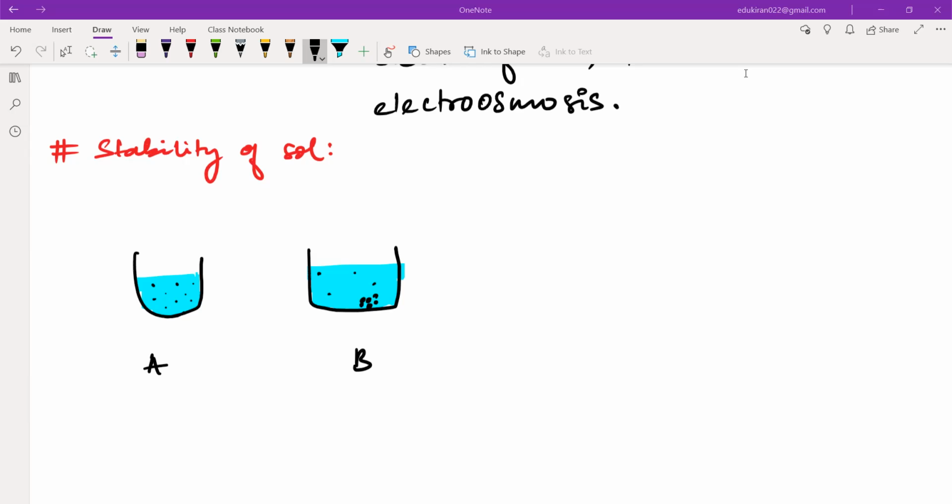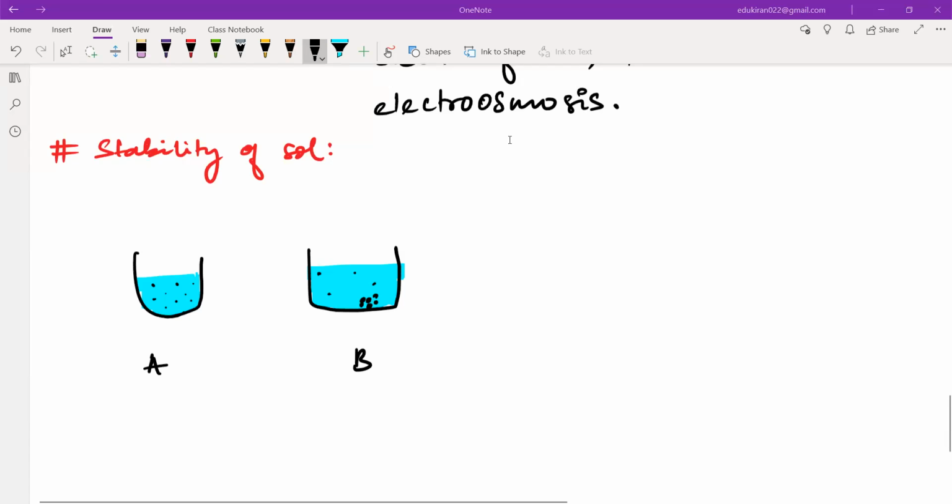Okay, when I talk about stability of a sol, you have to think which of them looks more like a sol. Which looks more like a colloidal solution? A, right? So A looks more like a sol, B doesn't.